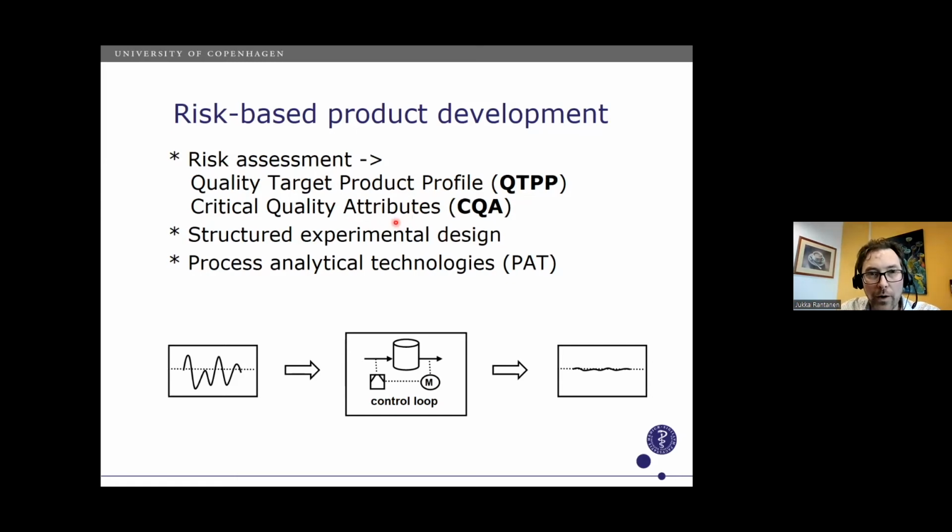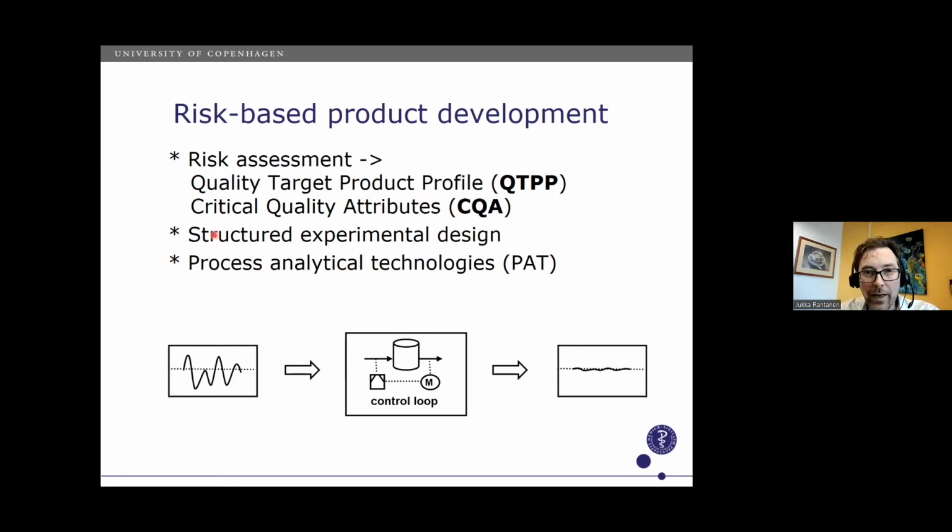And in order to understand your system, your risk assessment gives you the most important elements to focus on, and those you can then investigate by doing structured experimental design, usually using design of experiments tools. For example, for the immediate release tablet, you investigate the effects of different granulation parameters and the composition of the tablet on the disintegration. That you can do with the design of experiments.